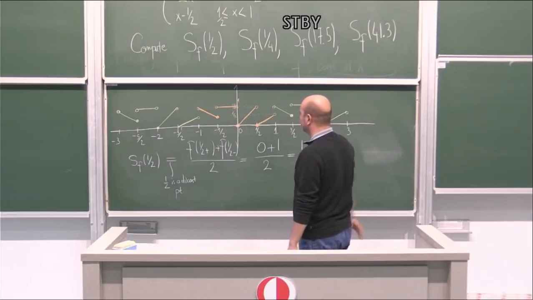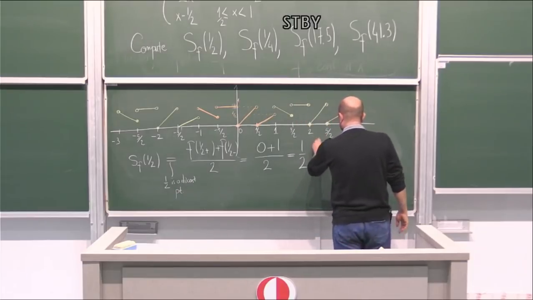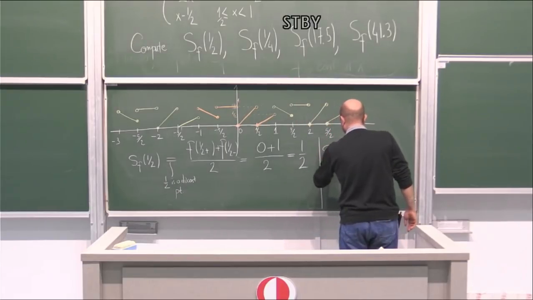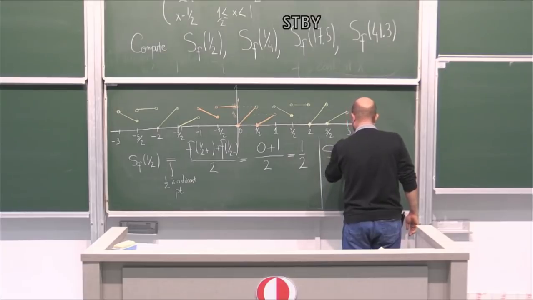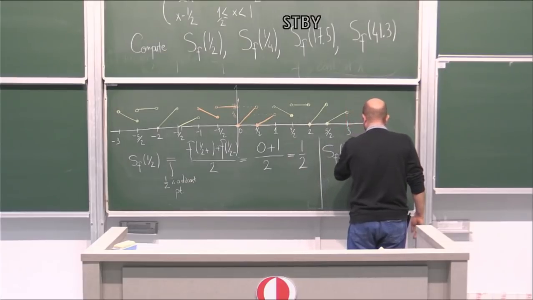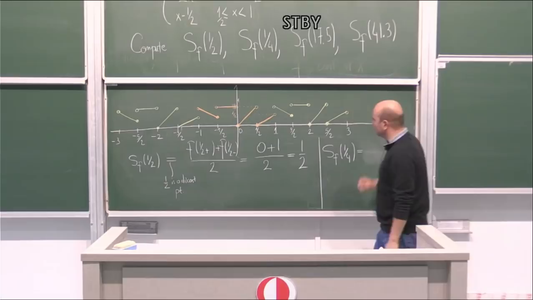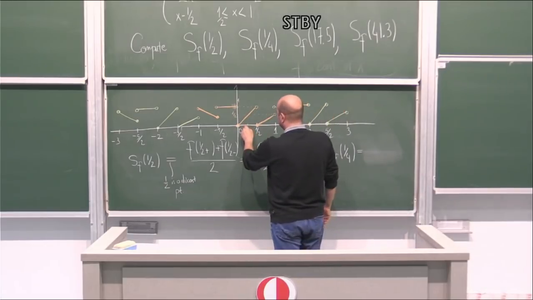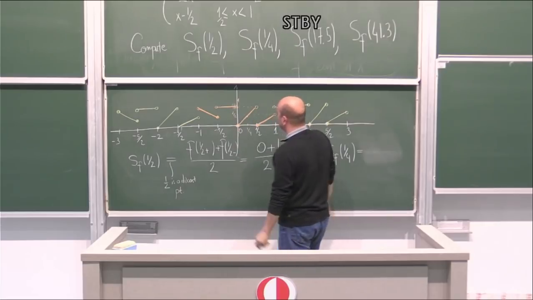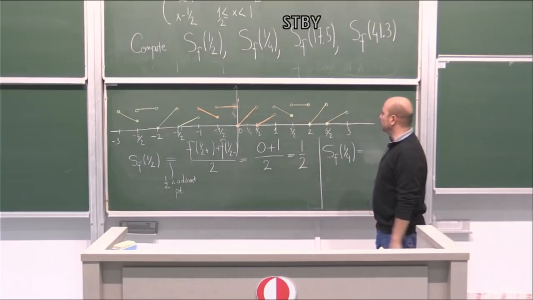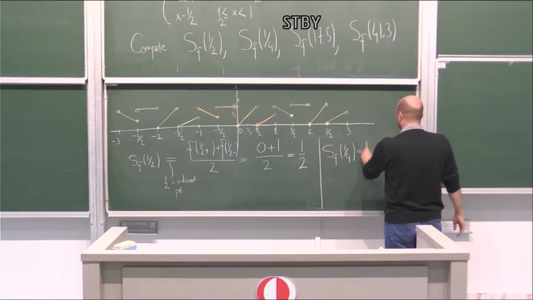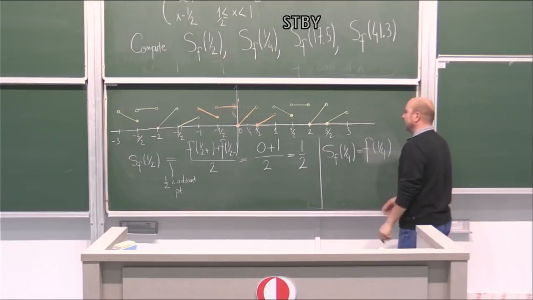How about 1/4? Let me just do it here maybe. Now if you look at 1/4, 1/4 is here. So here your function is obviously continuous. And so that means it will be equal to f of 1/4.